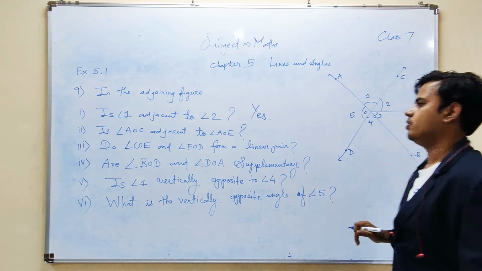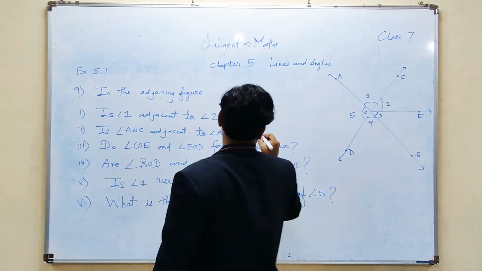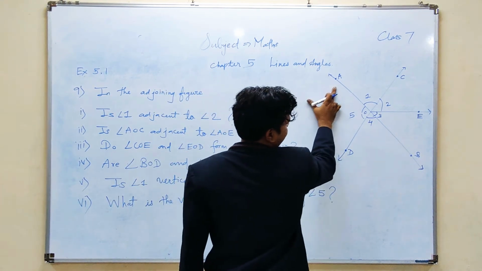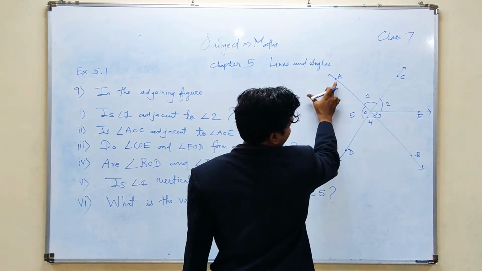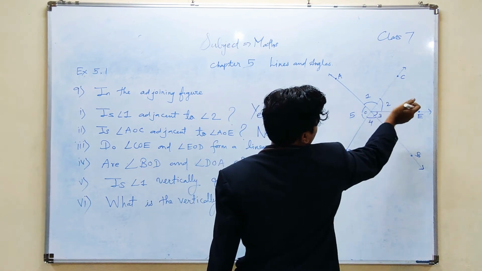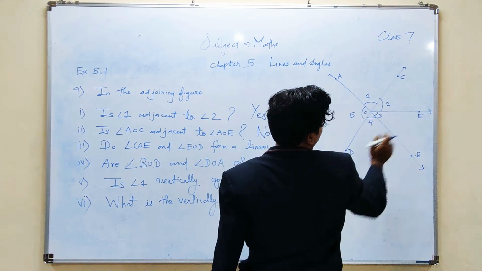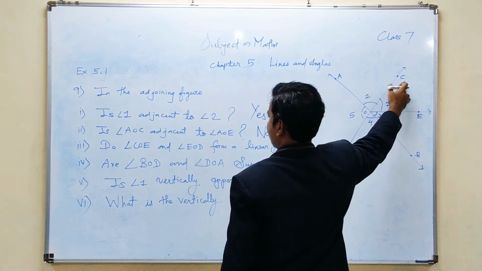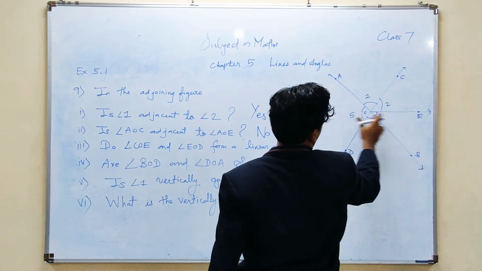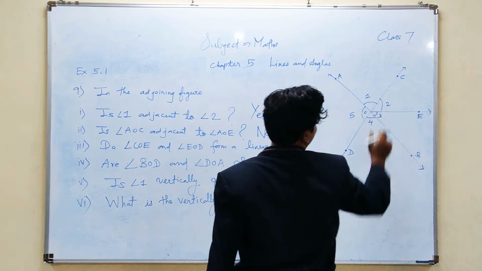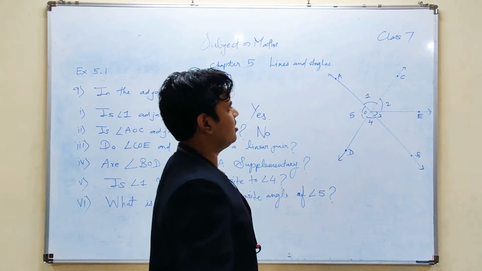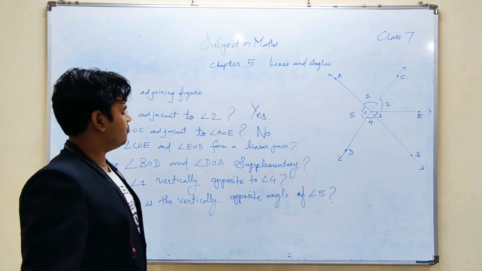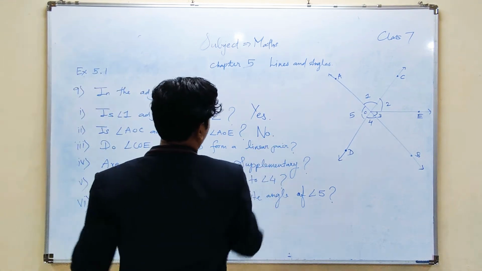No. We can write here no. Why? Just now we saw adjacent angles AOC and COE, but here what is asked is angle AOC and angle AOE. Both of these angles are not adjacent angles, because they don't have a common arm. So we wrote here no.